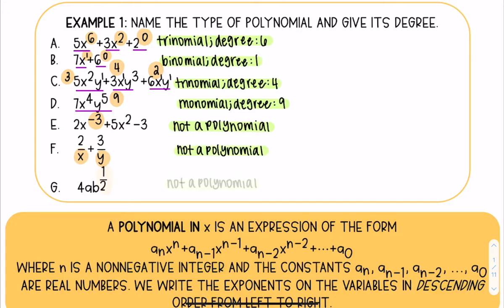And then we have 4ab to the 1/2. So you probably guessed it, there's something funky with the fact that we have a 1/2 power. And that's because we said it has to be a non-negative integer. And 1/2 is non-integer. So this is also not a polynomial.